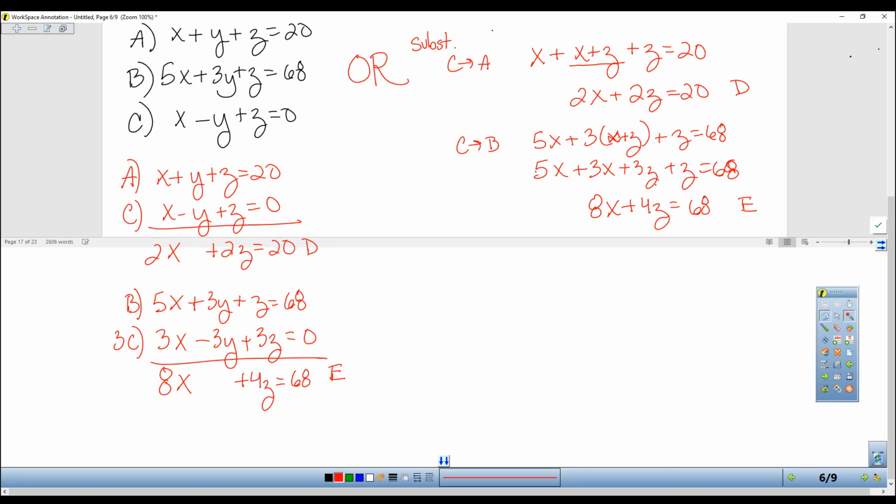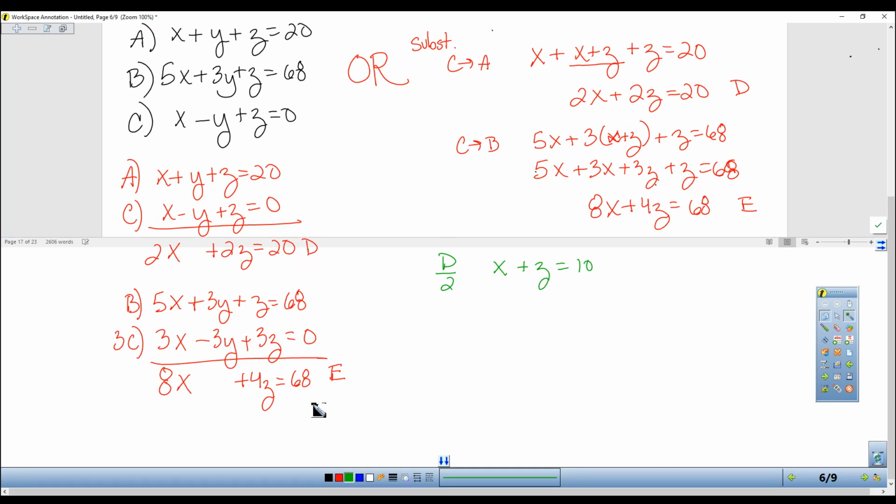All right. I'm going to actually show you an interesting concept. Instead of putting these together and trying to get something to cancel, I'm actually going to reduce D. I'm going to divide D by 2. That gives me X plus Z is equal to 10.